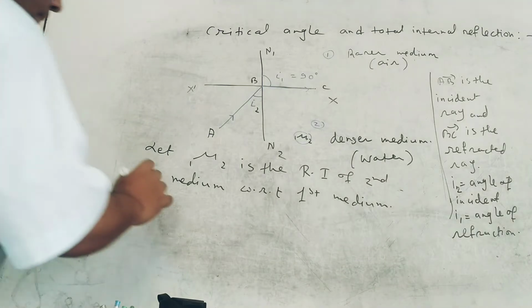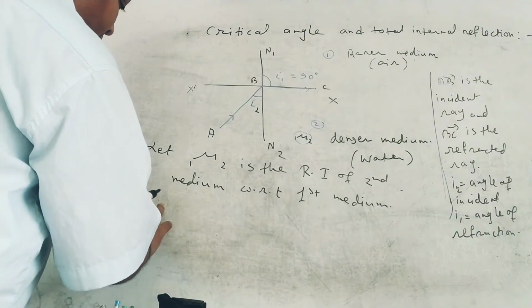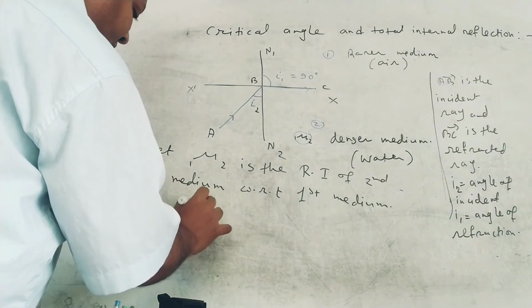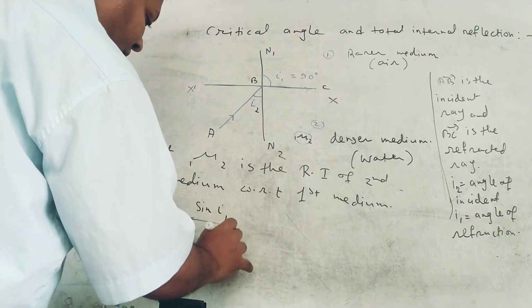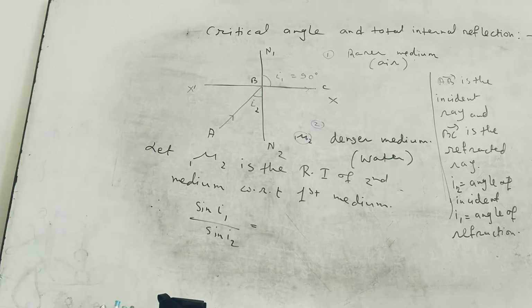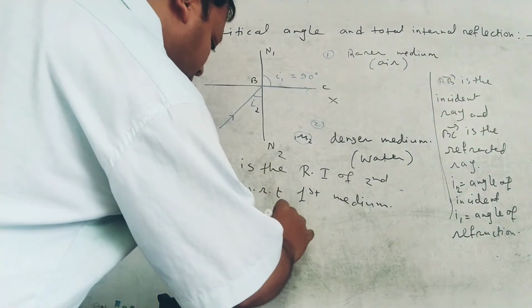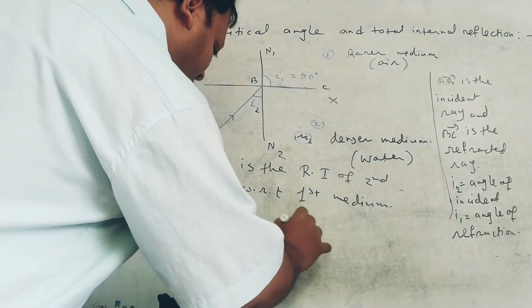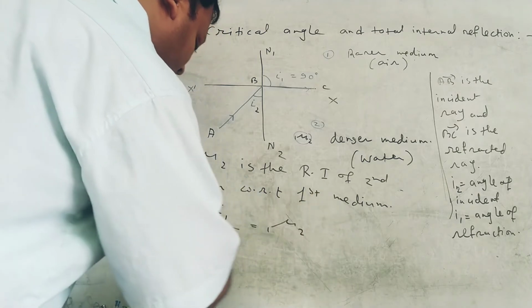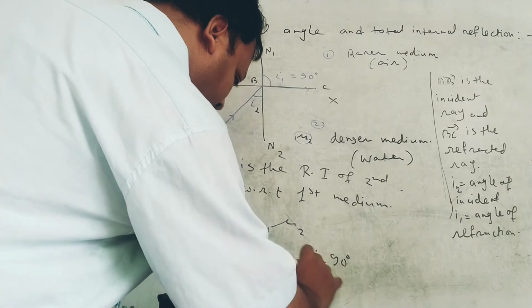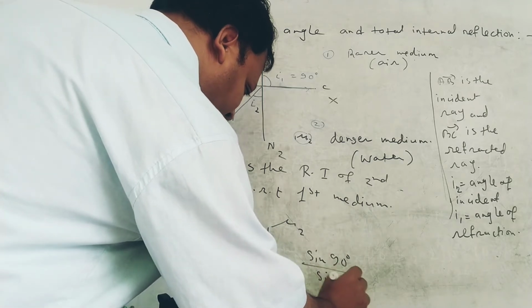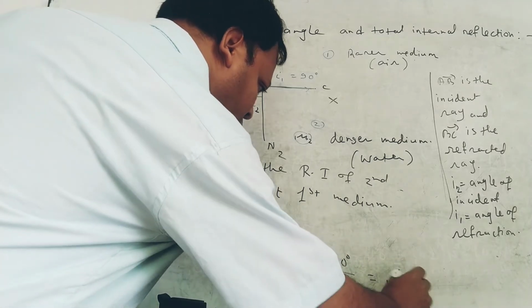Therefore, we can say that sine I1 by sine I2 is equal to mu12. This gives sine 90 degrees by sine theta c is equal to mu12.